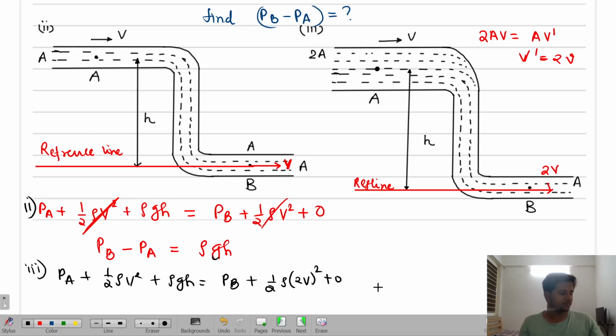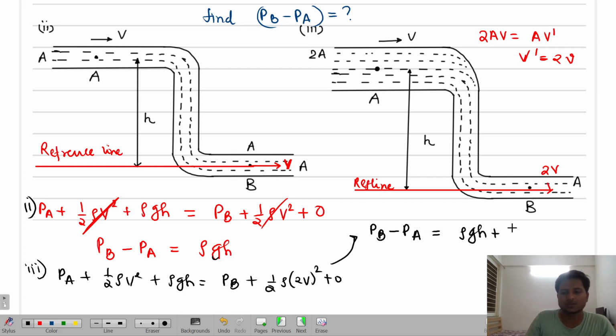It will come as PB minus PA is equal to rho GH, and I can just directly write minus 3 by 2 rho V square. Is that clear? It's not plus.